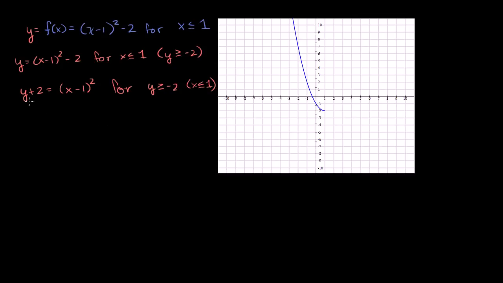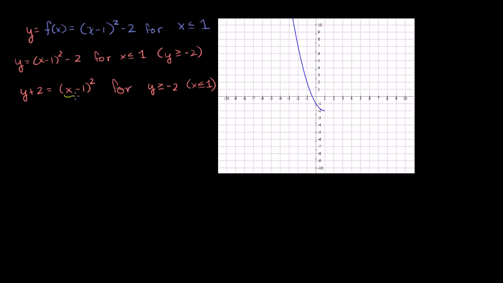Now, to solve for x, you might be tempted to just take the square root of both sides here, and you wouldn't be completely wrong. But we have to be very, very careful here, and this might not be something you've seen before. We want the right side to just be x - 1. That's our goal in taking the square root of both sides.